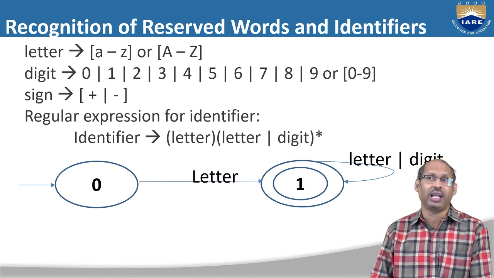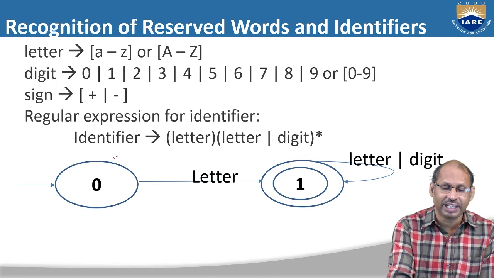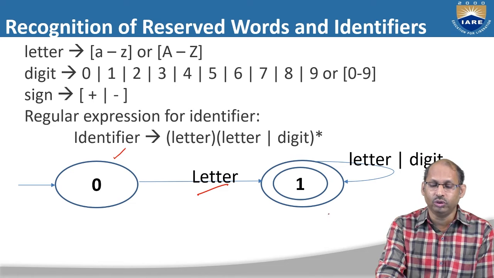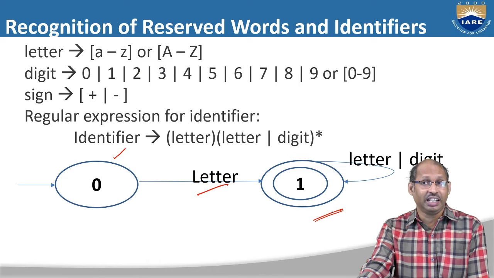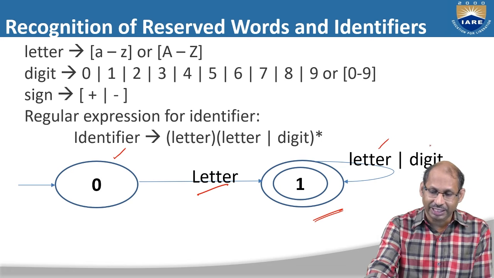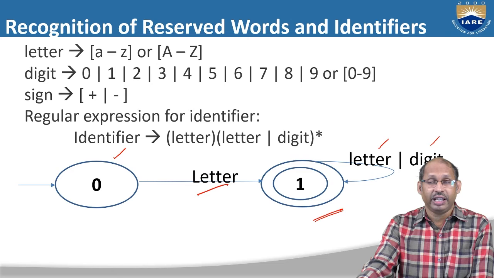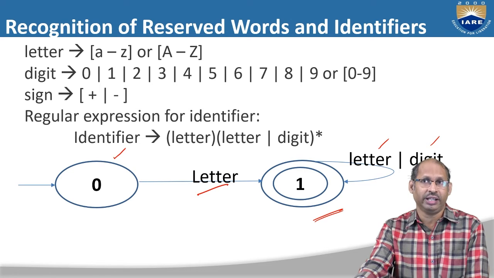A letter followed by letter or digit star. So initially, the initial state 0 will read a letter and go to a final state. A double circle means a final state. After reaching the final state, it may accept any number of letters or digits. Here, in some programming languages, we use underscore.